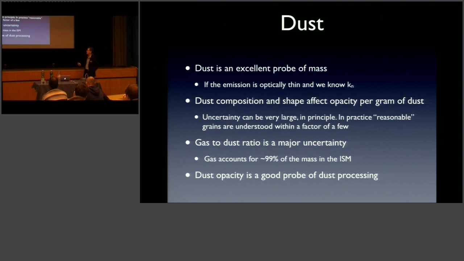Then there is another step if you want to measure real masses, because the mass in molecular clouds and disks is almost always dominated by the gas. Typically, in molecular clouds and in the interstellar medium at least, gas accounts for 99% of the mass.